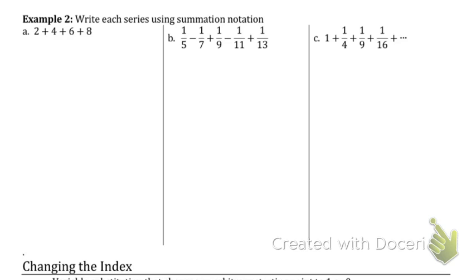So when I tell you 2 plus 4 plus 6 plus 8, I want you to think about the sequence 2, 4, 6, 8, and come up with an explicit formula for that, recognizing that 2, 4, 6, 8 is arithmetic because you are adding 2 over and over again.